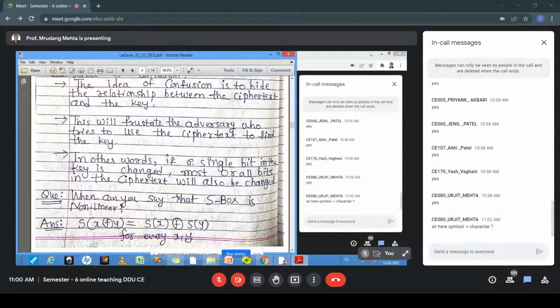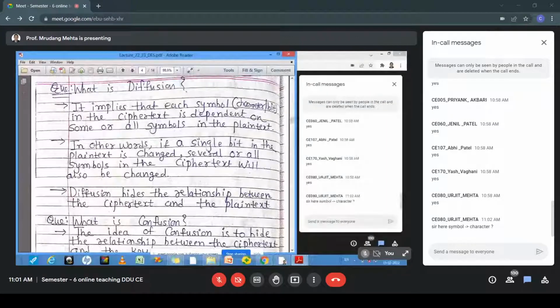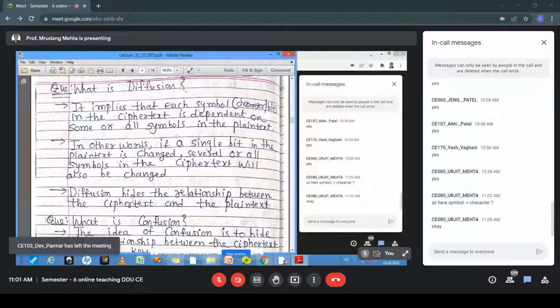In case of wireless or wired transmission, mostly in the context of wireless transmission, when you are transmitting the information, that information is transmitted in the form of a symbol. But what is a symbol? A symbol is character per bit, as given here. Here, symbol means character per bit.